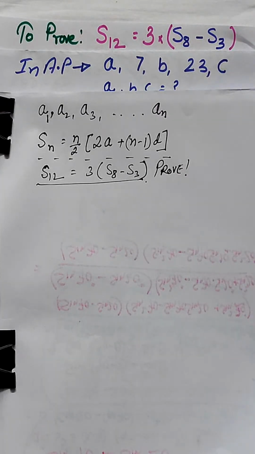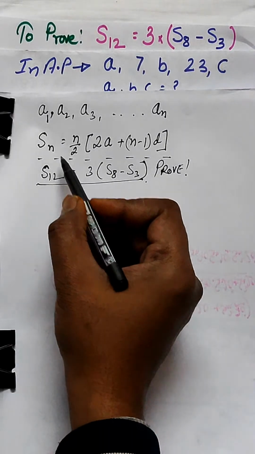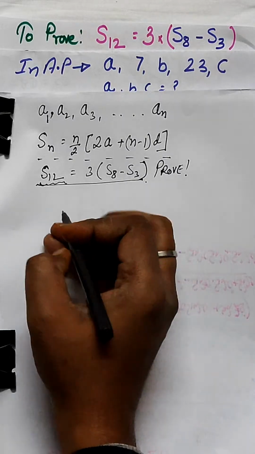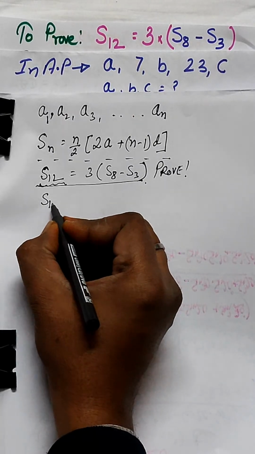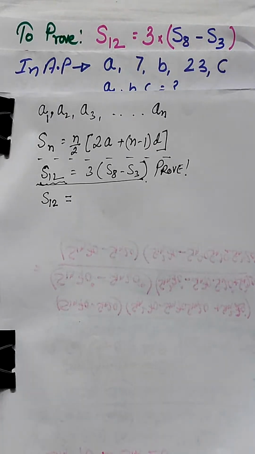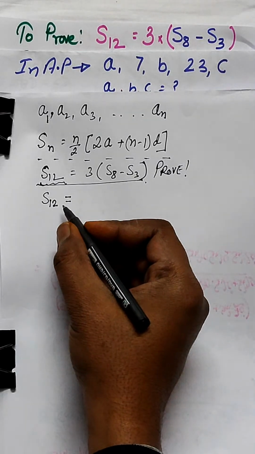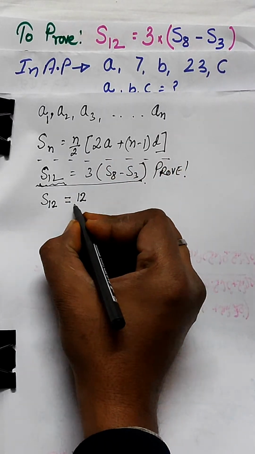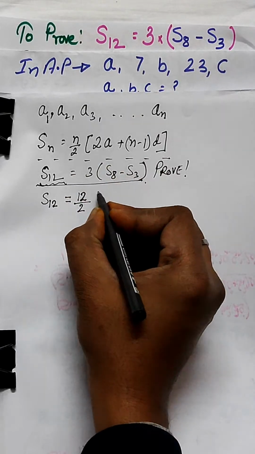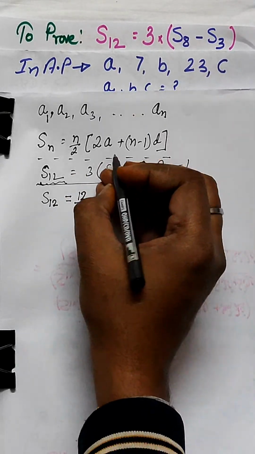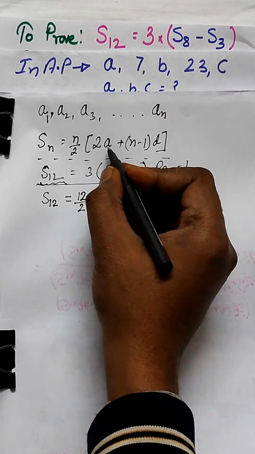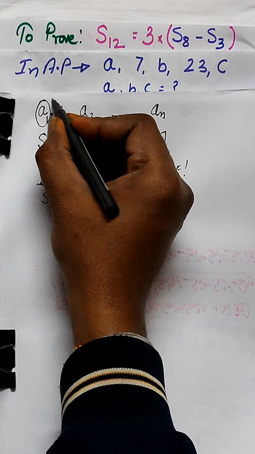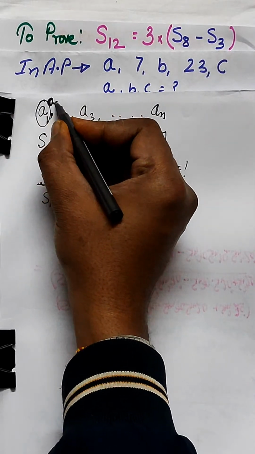So what will we do? Go to the first step. Take the LHS, which is S12. If n equals 12, what will be the value of S12? In place of n we will write 12, by 2, and 2a plus (n minus 1) d. Here a is the first term, so instead of a1 we will use the letter a only, right?